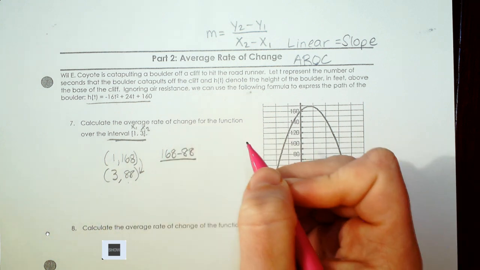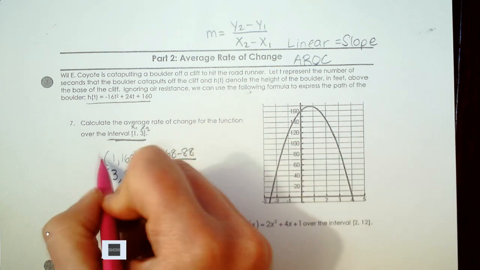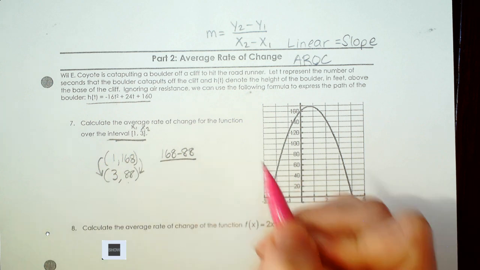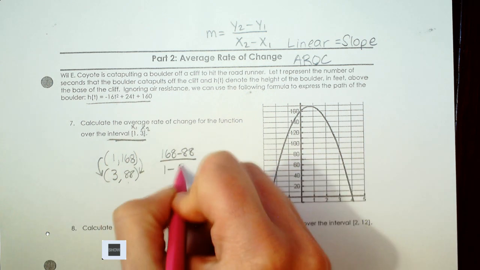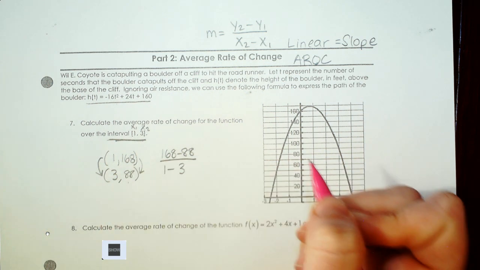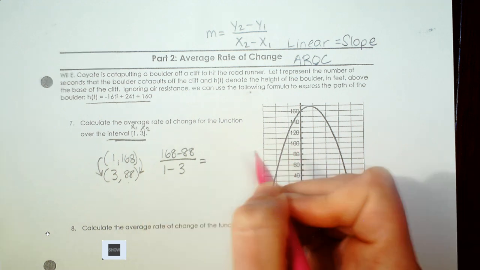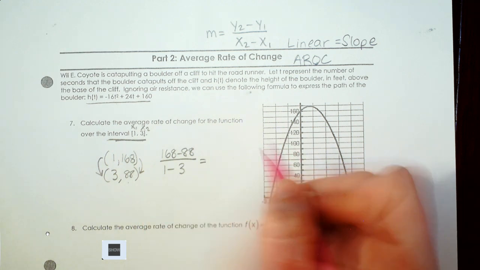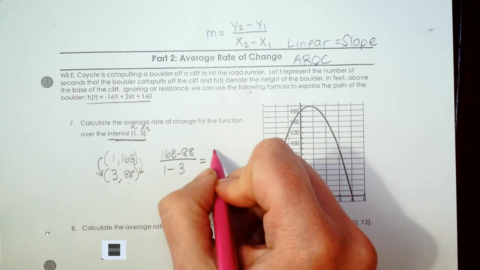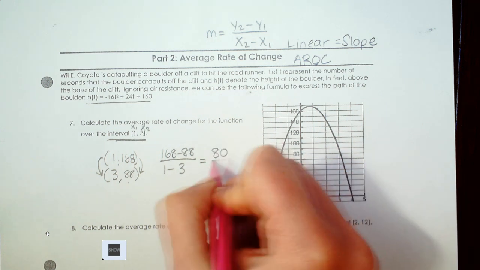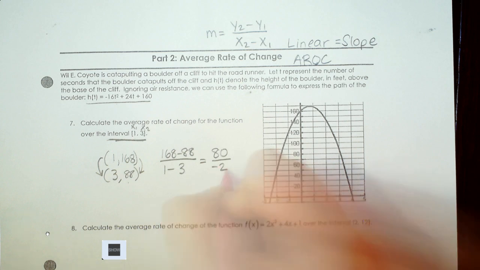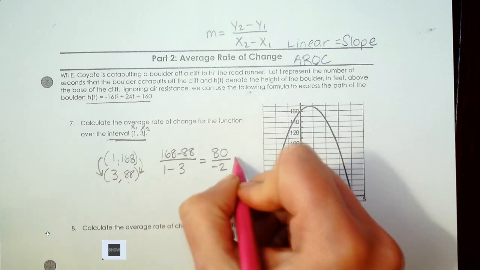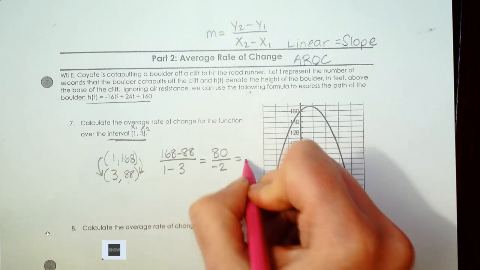So I'm subtracting my y's. And because I did top to bottom, I got to do top to bottom over here. 1 minus 3 on the bottom. All right, and then I'm just going to type that in the calculator. Let's see, this should be 80 over negative 2, which simplifies to negative 40.